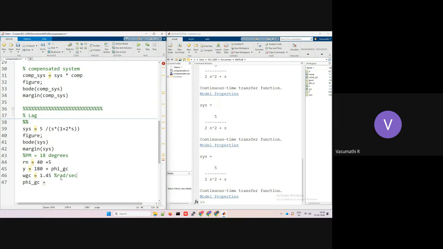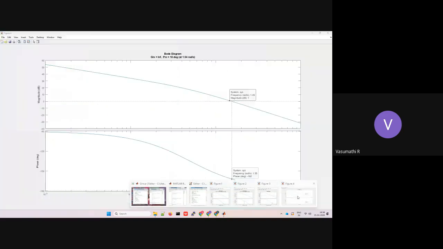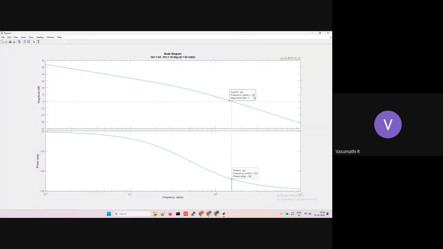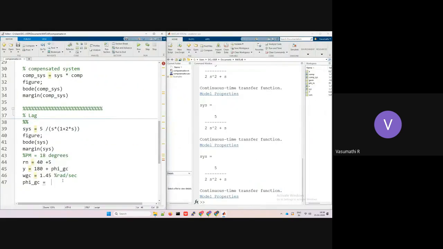And then you are finding the phase at the gain crossover frequency. So when the frequency is 1.45, what is the phase angle? That you have to find. When your frequency is 1.45, your phase angle is minus 161. So that is your phi GC. Any doubt in this? No, ma'am, not in this.